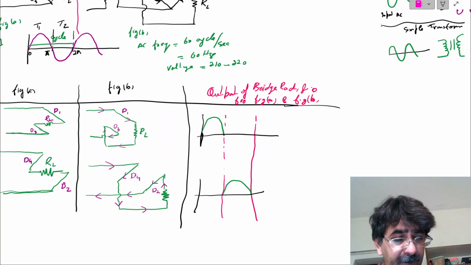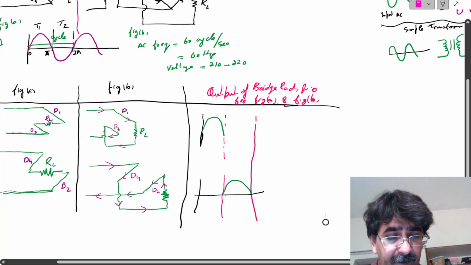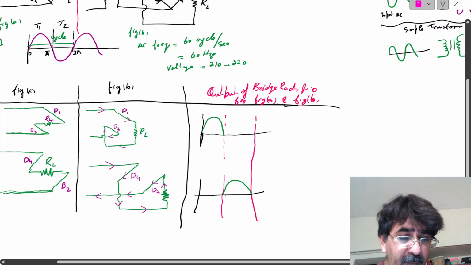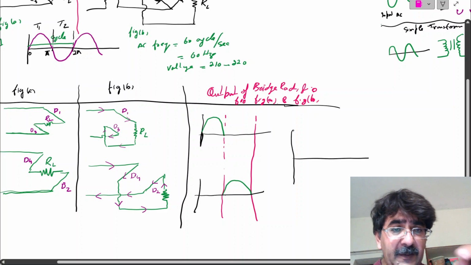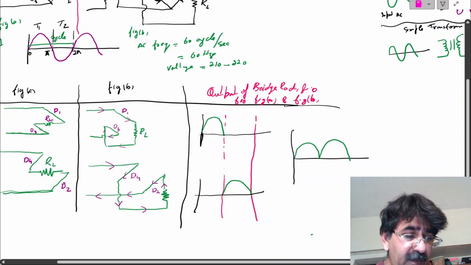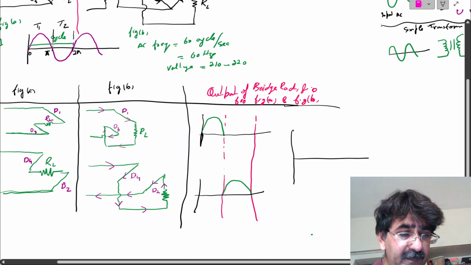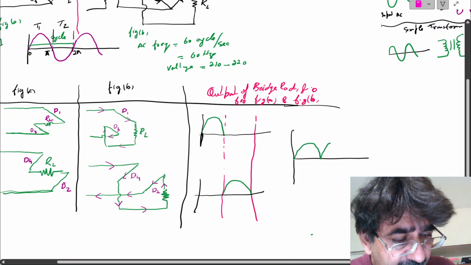So the positive ripple will be doubled. For T1 it is positive, and for T2 it will also be positive. The negative part of T2 will be converted into a positive ripple.